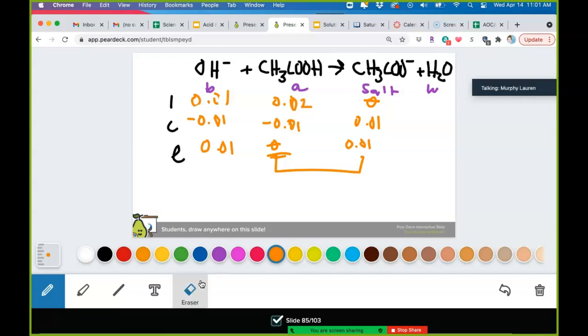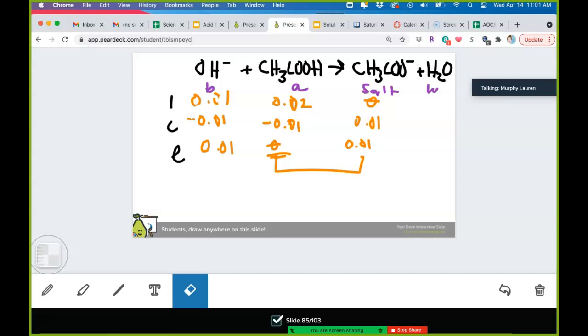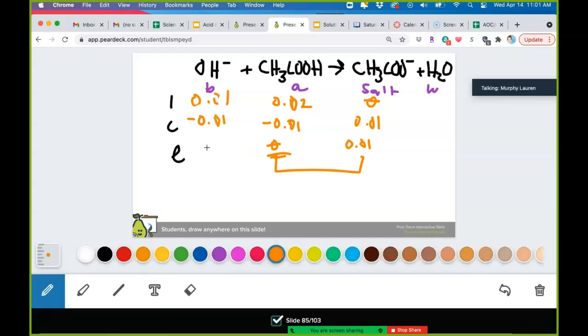And now this is my limiting reactant, so I lose all of it. So I don't have any left. But 0.02 minus 0.01 is 0.01. Oh, I now have both components needed for the buffer. I have a weak substance present with its conjugate. So this is a buffered system.